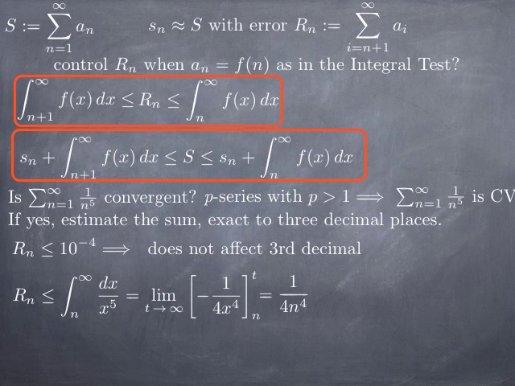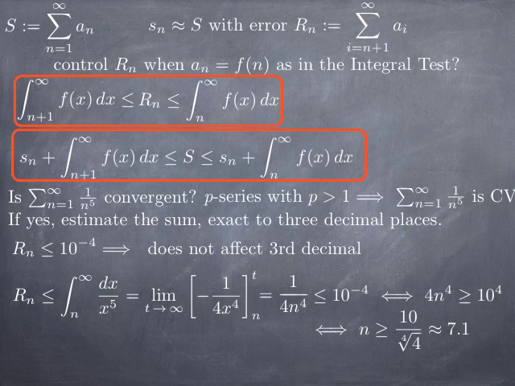Now we can calculate this 8th partial sum by just adding together the first 8 terms in the series. Namely, we take 1 plus 1 over 2 to the 5th plus 1 over 3 to the 5th and so on, and we stop at 1 over 8 to the 5th. We can plug that in a calculator, we get an approximate value, and we know, because of the calculations that we have made, that the first 3 decimals are exact.